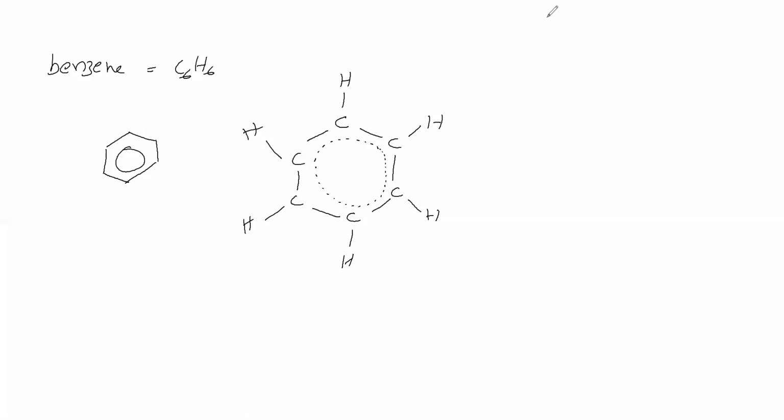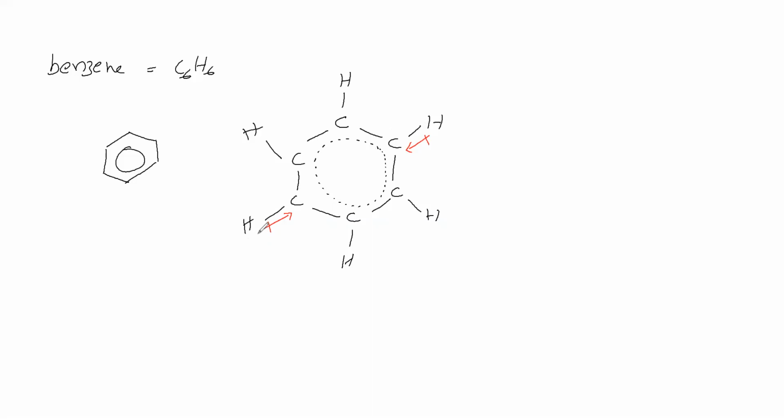Now, for this carbon electronegativity 2.5, hydrogen 2.1. Therefore, bond dipole moment towards carbon. For this also towards carbon. If we join these two, how it will come in the sense it is 180 degree. So this bond dipole moment and this bond dipole moment are equal.